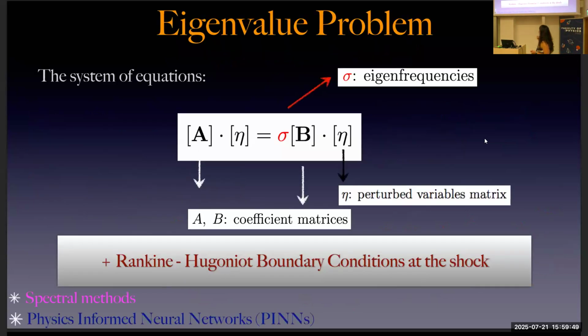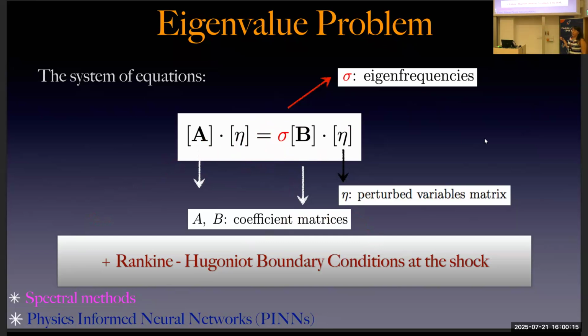As I said, the system of equations has the form of a generalized eigenvalue problem, where A and B are the coefficient matrices, eta is the matrix of the perturbations, and sigma are the wanted eigenfrequencies.